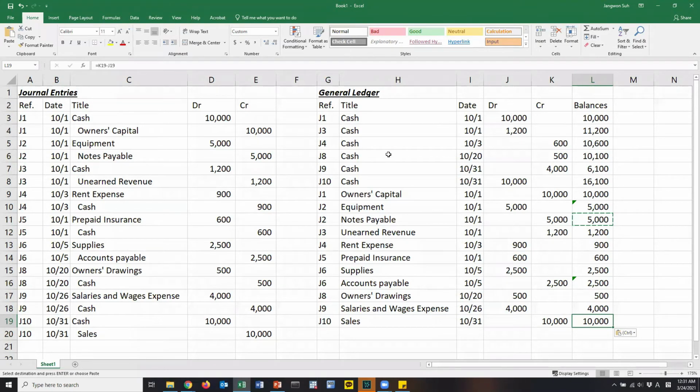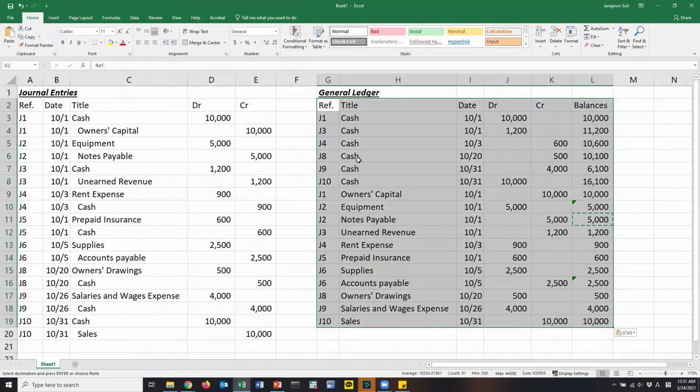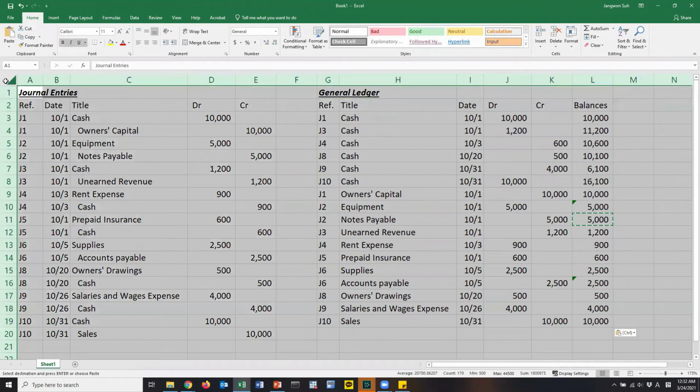But for educational purposes, rather than this tabular form of general ledger, we often use something called T account, okay? Because it is easier to understand when it comes to sort of complicated transactions. What's an example of T account?